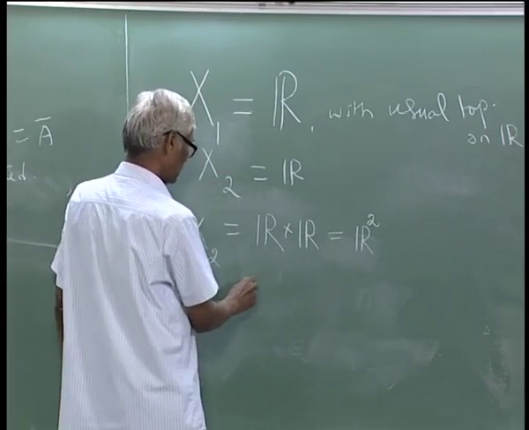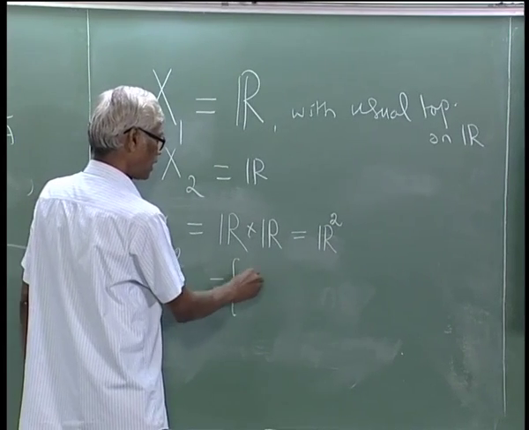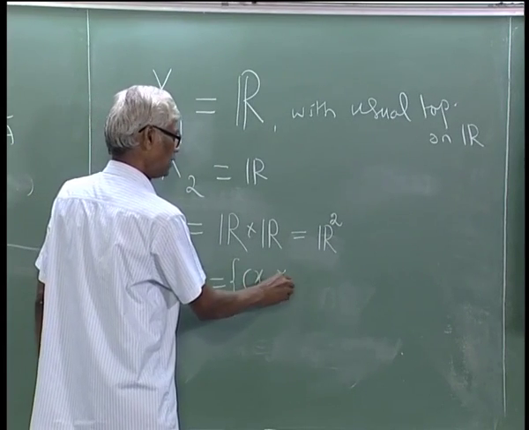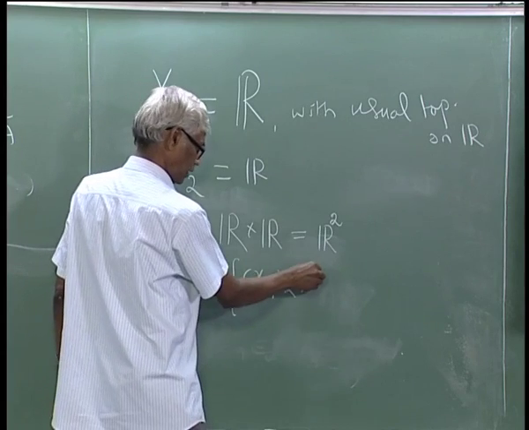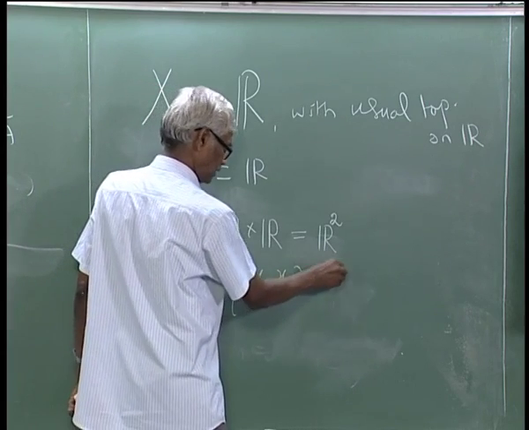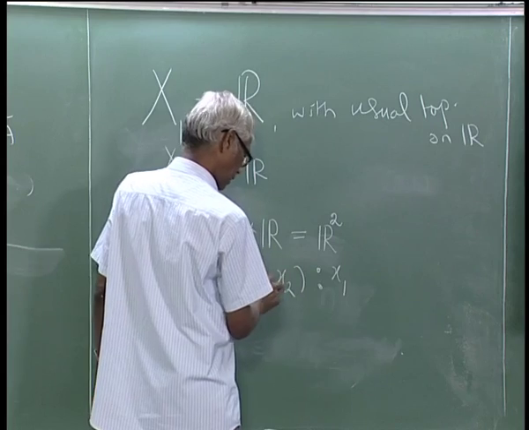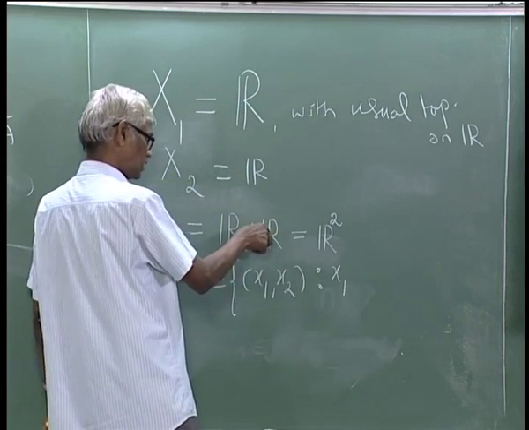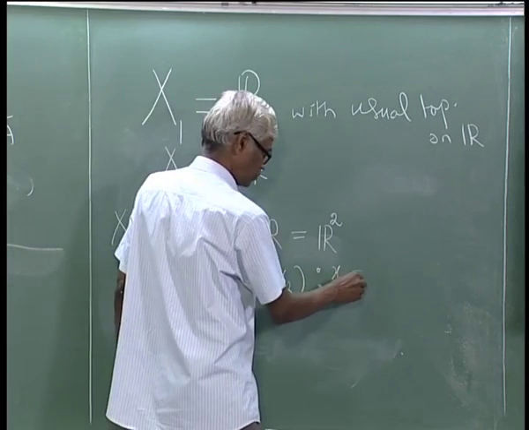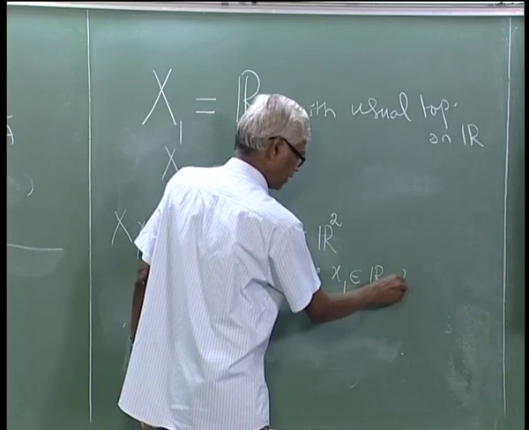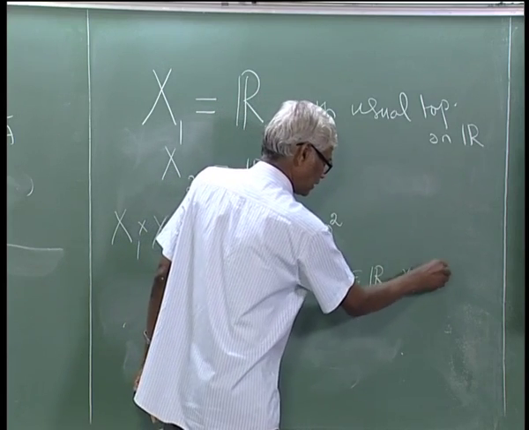So, that is the set of all ordered pairs (x1, x2) such that x1 is in R, and here in this case x2 is also in R.